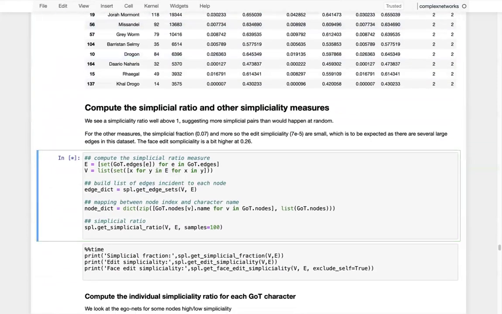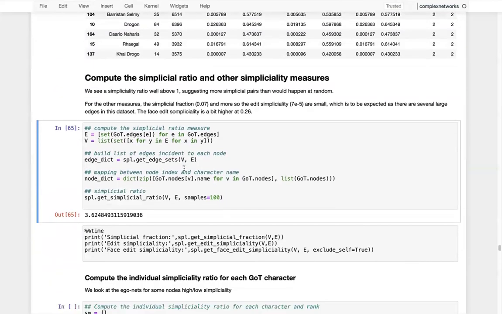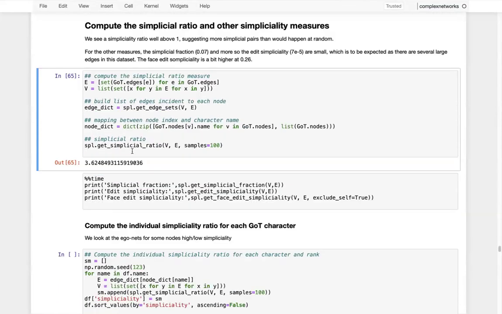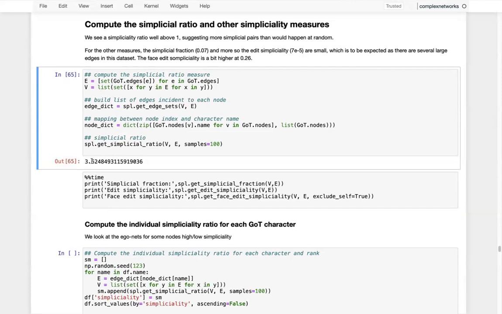We can also compute the simplicial ratio. In this case, remember we had examples before with H, A, B, C, D and what have you, where the simplicial ratio was just slightly above 1. But here, we have a value that is clearly above 1.